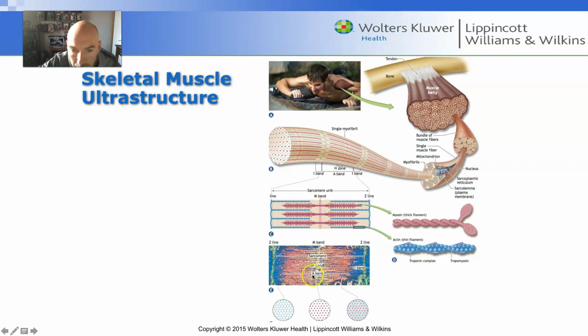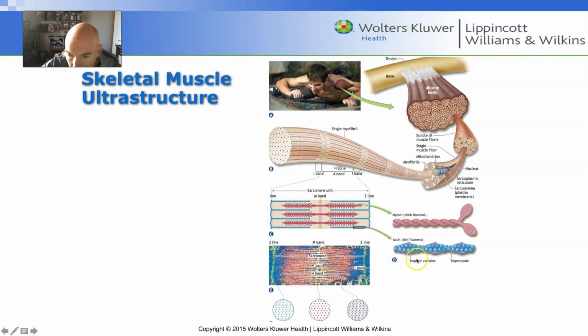So notice in the middle of the sarcomere, we have this thing called the M band. The M band is more of a stabilizing protein that keeps these myosin proteins in place, okay? Then on the outer edges of the sarcomere, we have what is known as the Z line or the Z disc. The Z disc is what the actin molecules are anchored to, okay? So again, I said there were structural proteins, and that's what these represent.